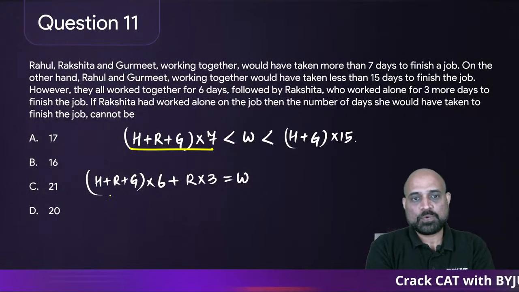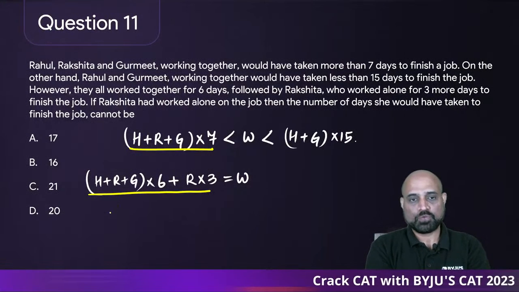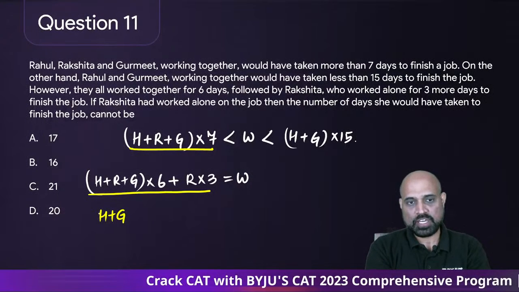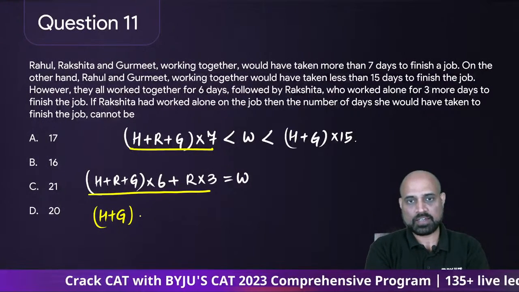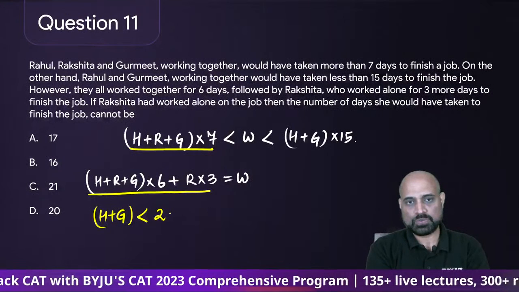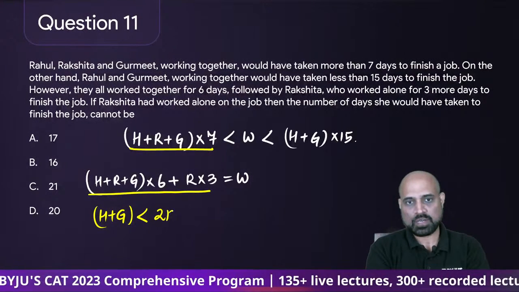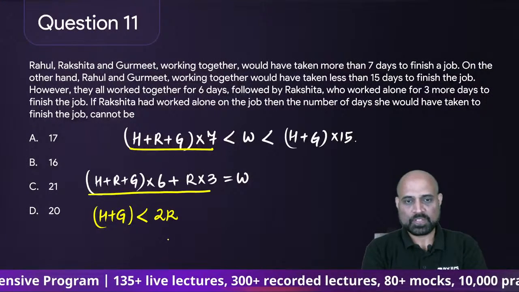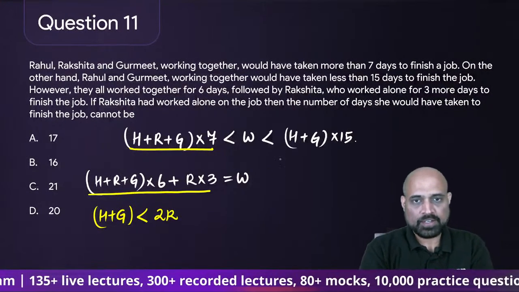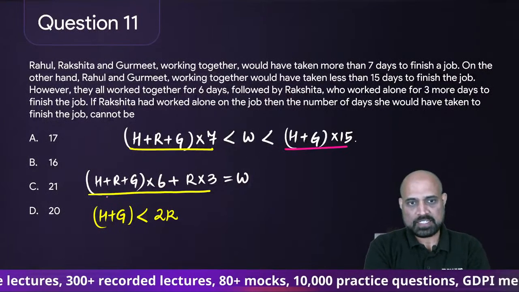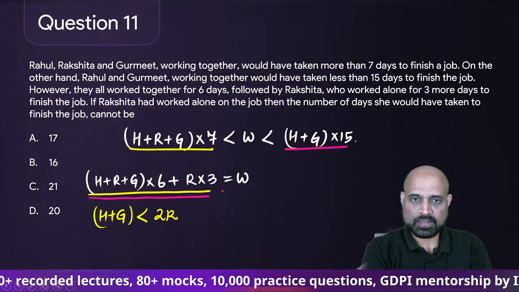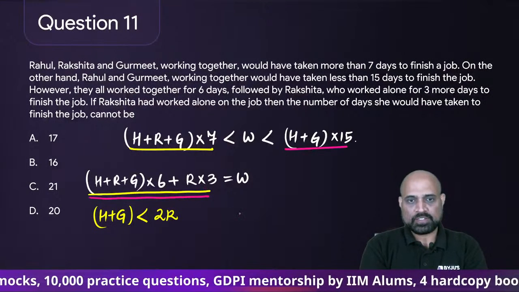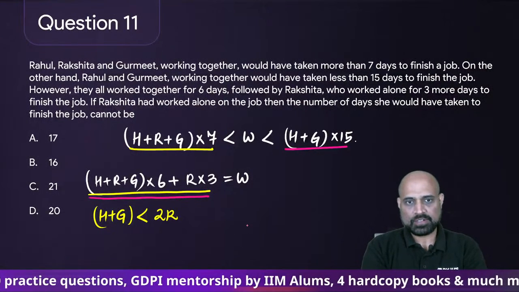So if I equate this and this, what I will get is H plus G, R will go over there and this becomes 2R. Okay? And if I take this and this, and compare, I will get 9R.